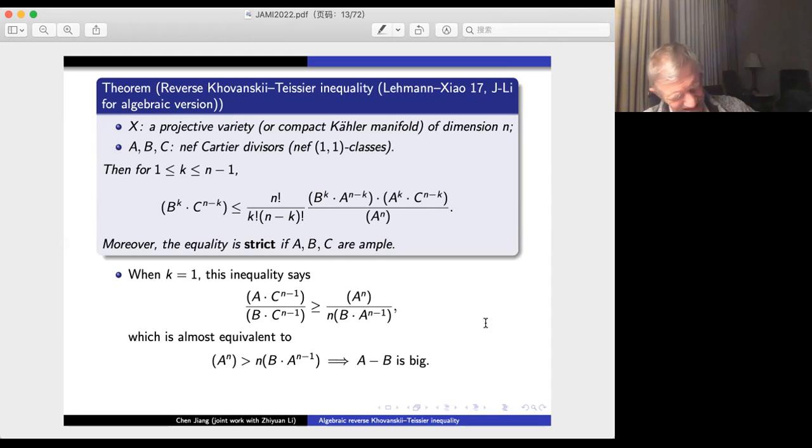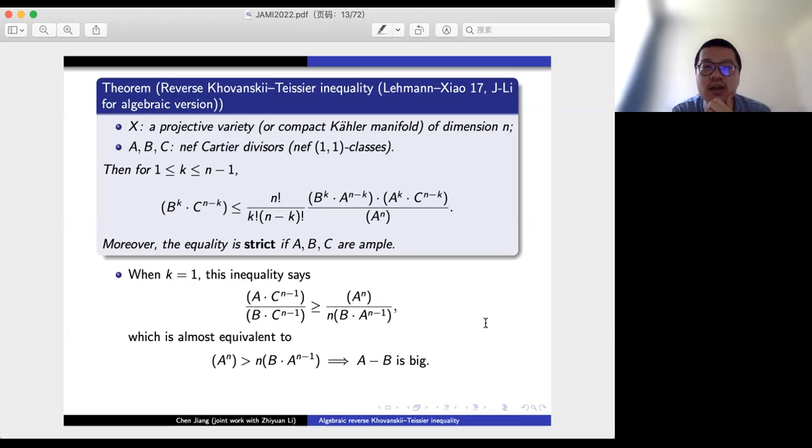In the Hodge index theorem, the analog of that for cycles on high dimensional varieties, nobody knows. Okay, that's a good direction. I will try to see. Thanks.